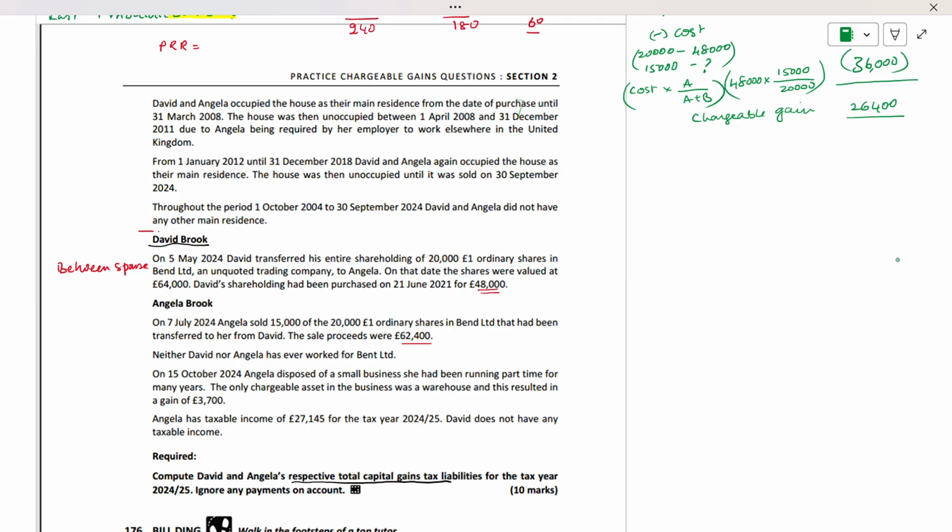The only chargeable asset in the business was a warehouse, and this resulted in a gain of 3,700. Angela has a taxable income of 27,145 for the tax year.